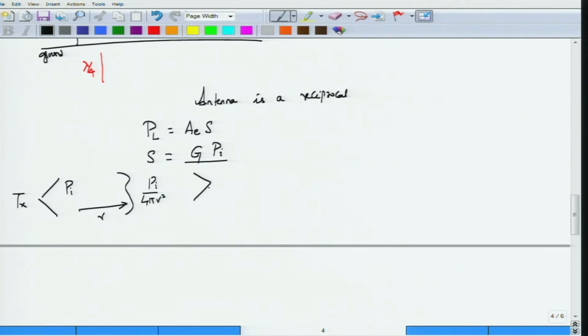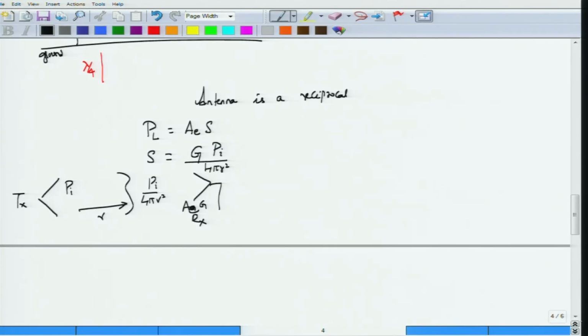Now, have a receiving antenna with an effective aperture AE and a gain G. We will assume that the antennas are placed in such a way that the gain G is maximized, otherwise you need to consider some angles theta also. So, the power density hitting the receiving antenna is given by G times Pi divided by 4 pi r square.